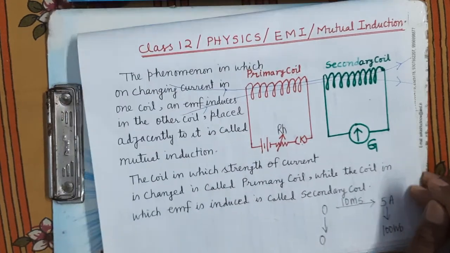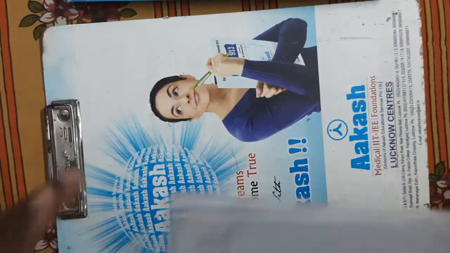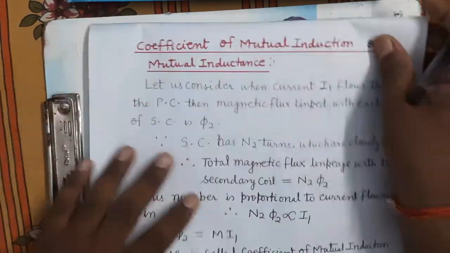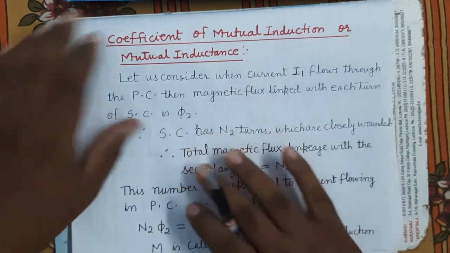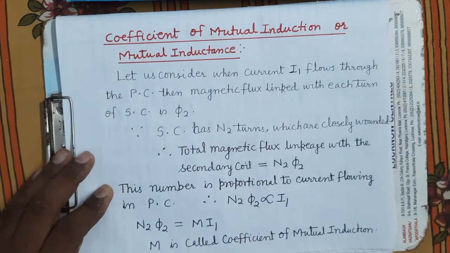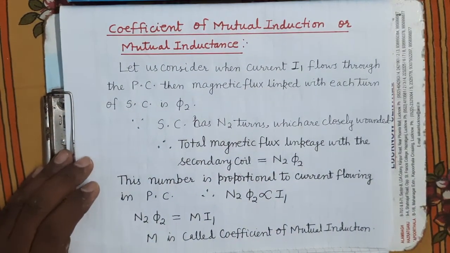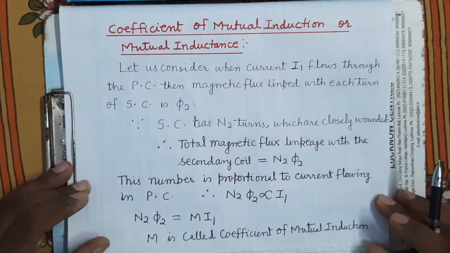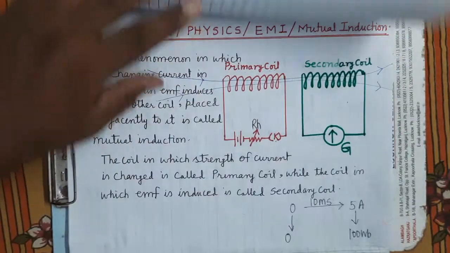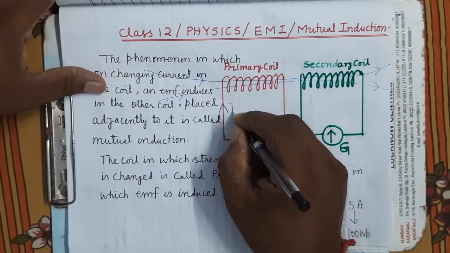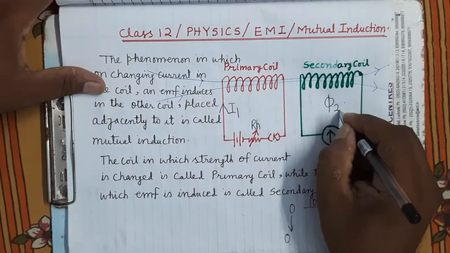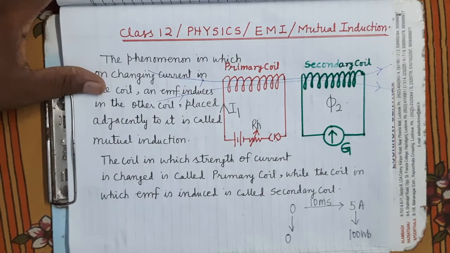Now there is one term, the coefficient of mutual induction, or its other name, mutual inductance. You can see here we have assumed that when current I1 passes through the primary, the magnetic flux linkage through each turn of the secondary coil is phi 2.